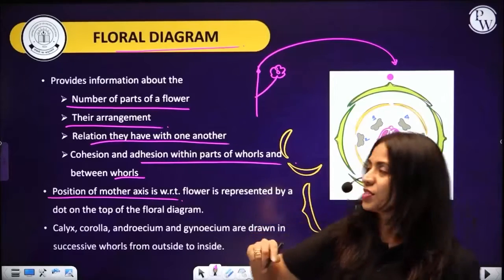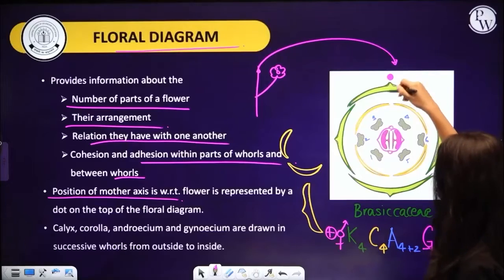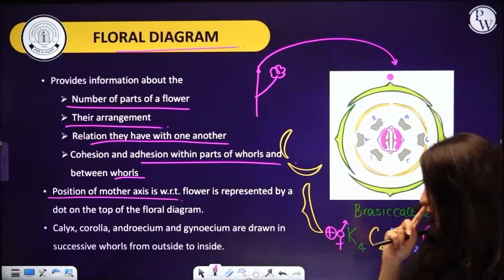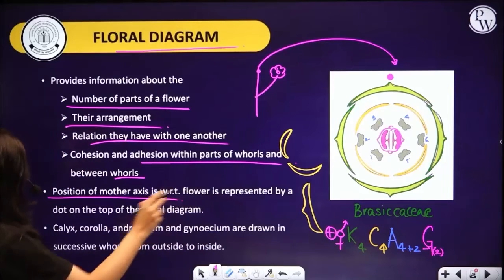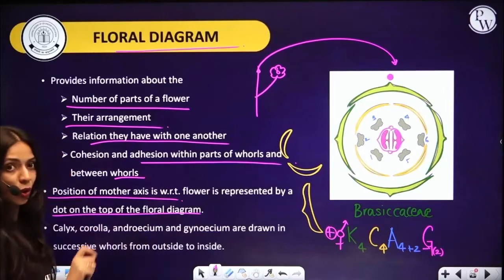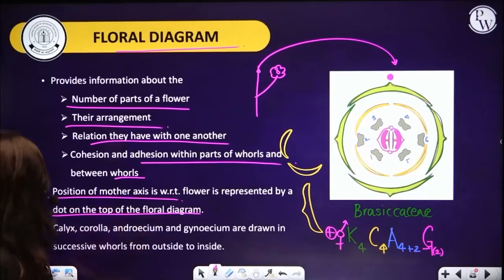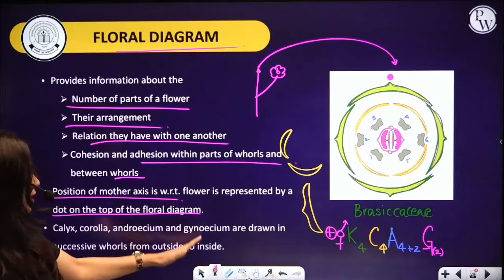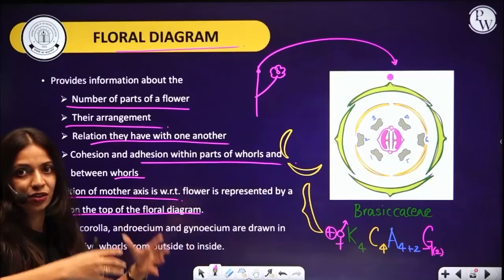So that is represented in the form of a dot here. So with respect to this dot, you're going to draw the floral diagram. So the position of mother axis with respect to the flower is represented as a dot on top of the flower. So over here, like I already mentioned, you have calyx, corolla, androecium and gynoecium that are drawn in successive whorls from outside to inside.